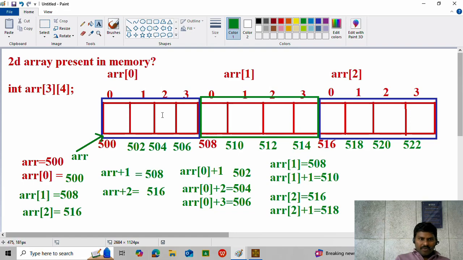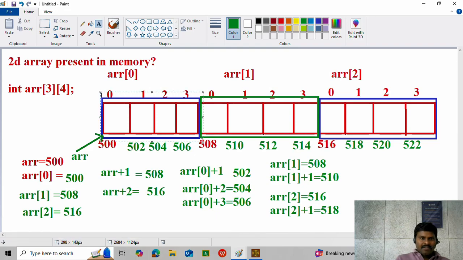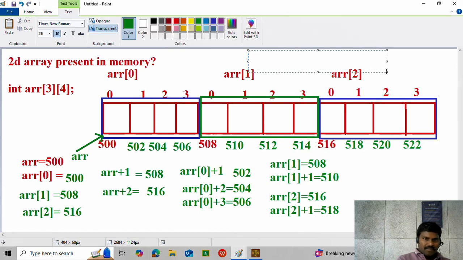So in memory, how are they present? This arr is the single array. In this single array, how many arrays? First array, second array, third array. In memory it is shown like this.